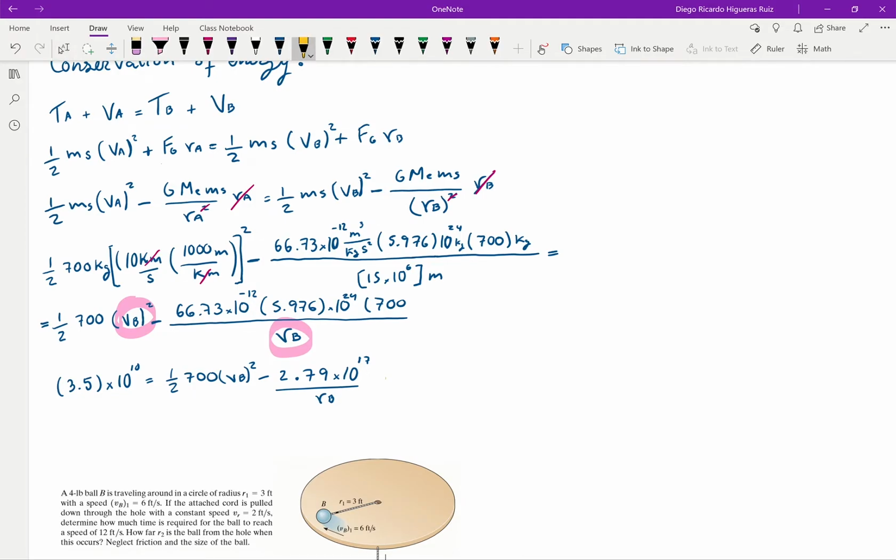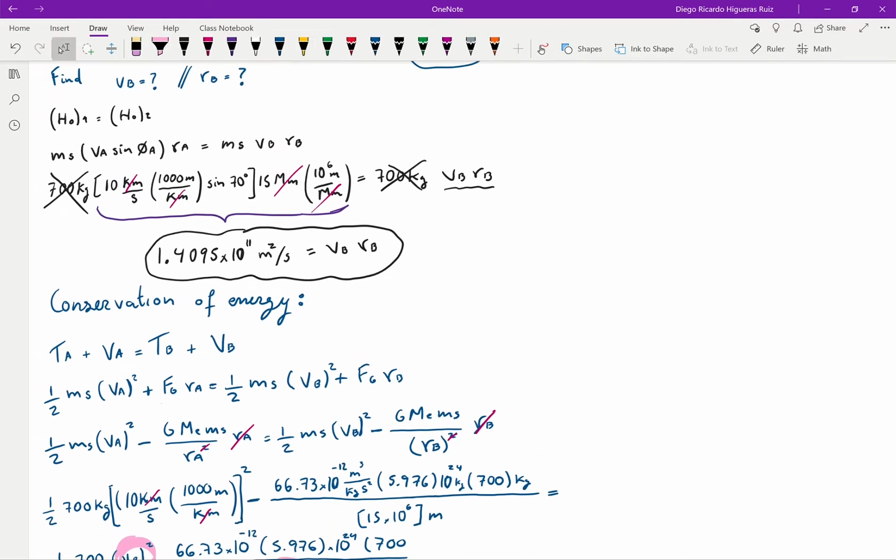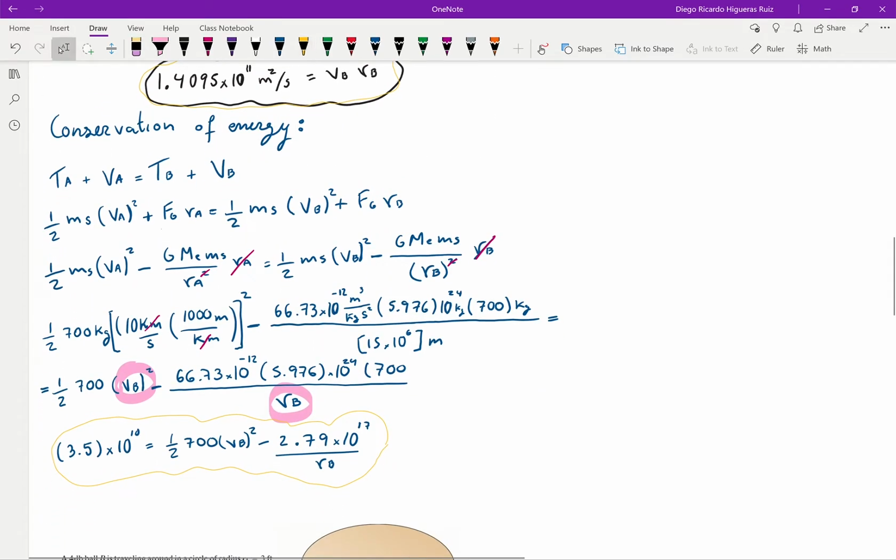We have this equation, and we also have this equation that we got from here. So we got two equations, two unknowns.